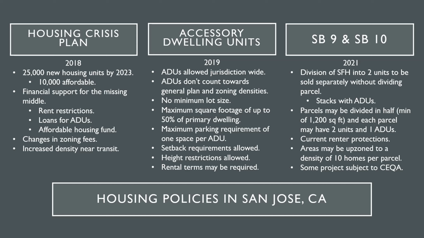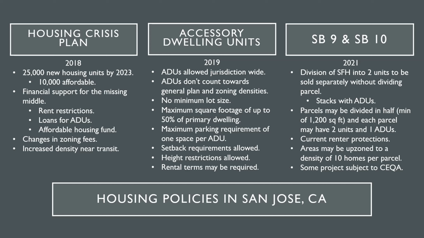The most recent statewide policies that impact this research are SB 9 and SB 10, and these bills attracted significant national attention and were passed in 2021, and they took effect January 1st of this year. SB 9 allows for the division of single-family homes into 2 units to be sold separately without dividing the parcel, essentially creating duplexes.